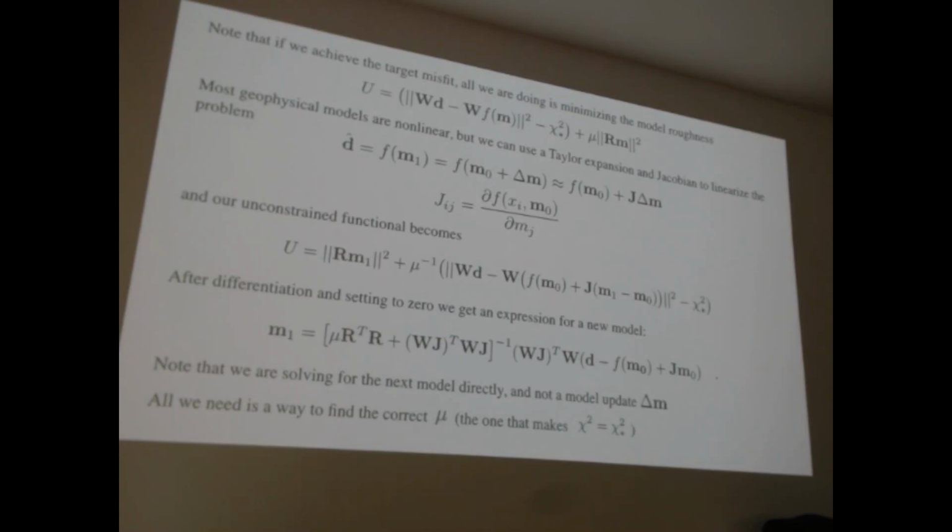The previous least squares solution I showed you gave you a delta m as a solution. This approach gives you the next model as a solution. It turns out what that means in practice is that you can take big jumps in model space rather than just little delta m jumps.